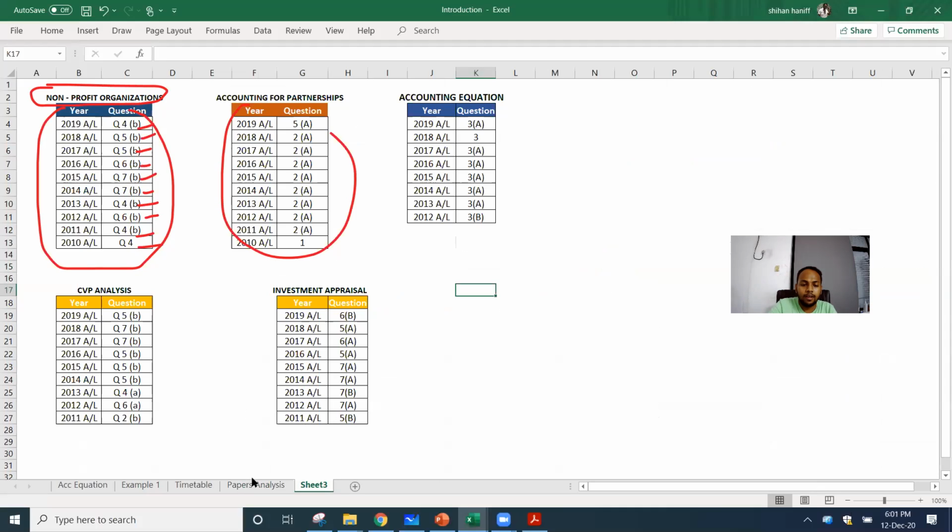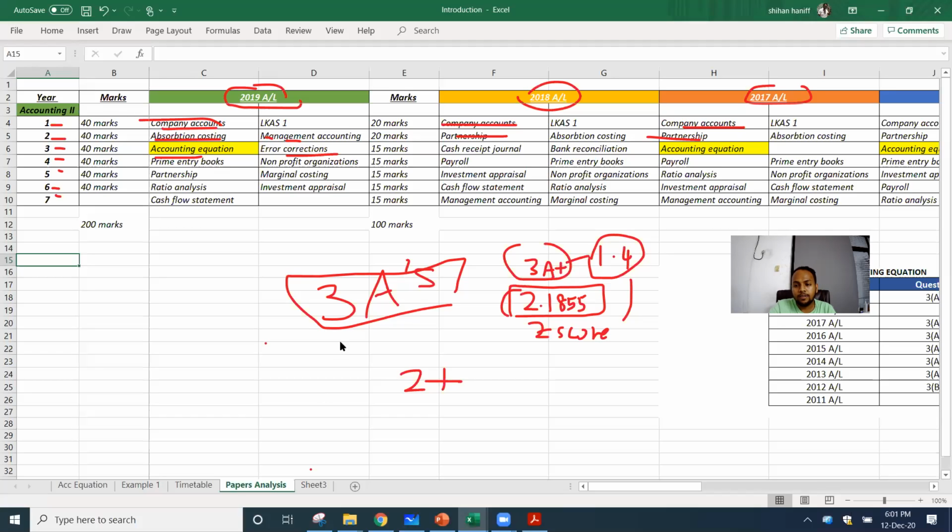Likewise, after 6 months, you should be able to pick all the questions for the last 20 years. If you can do that, 3 A's plus is nothing, because most of the questions are very similar to the papers.